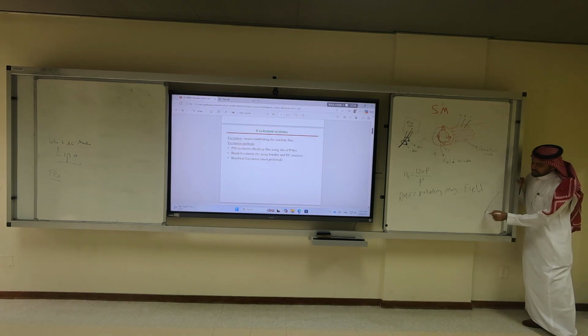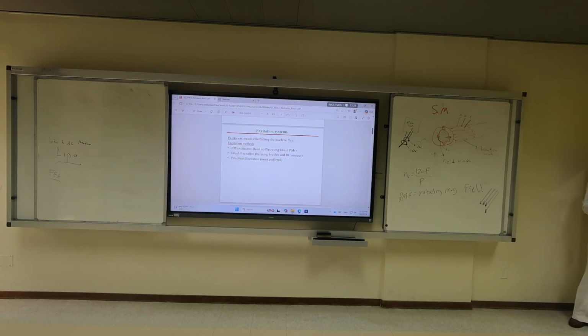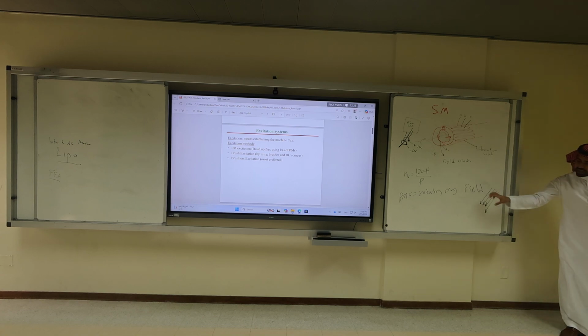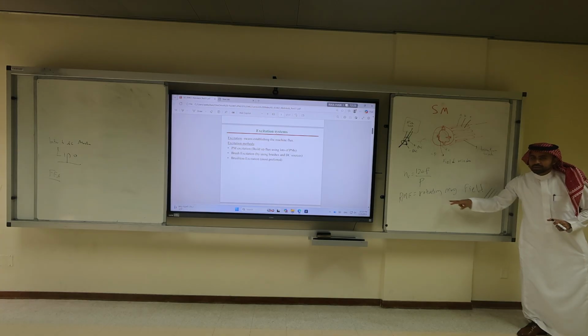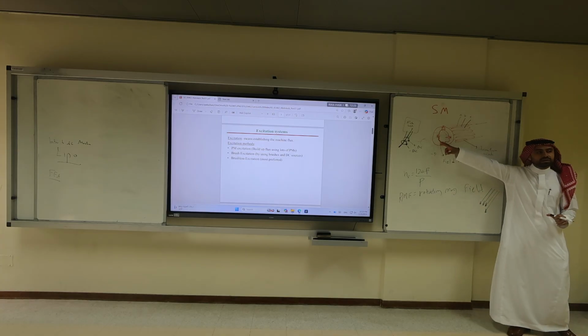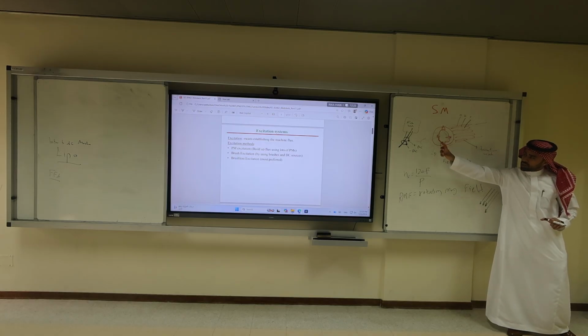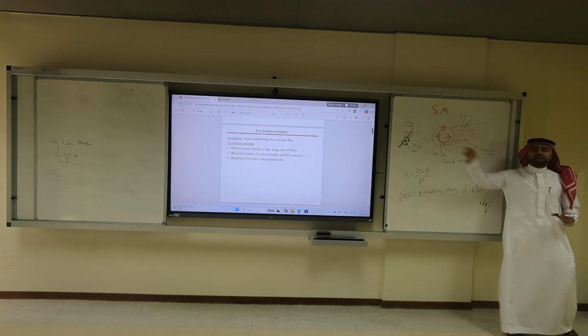Ultimately, I want flux lines from positive to negative. Any question? The moment I rotate these flux lines, what will happen? I'm going to have a uniform rotating magnetic field. Without rotation, are the flux lines moving? No. So the slip rings, whenever I rotate the rotor, maintain the DC polarity.